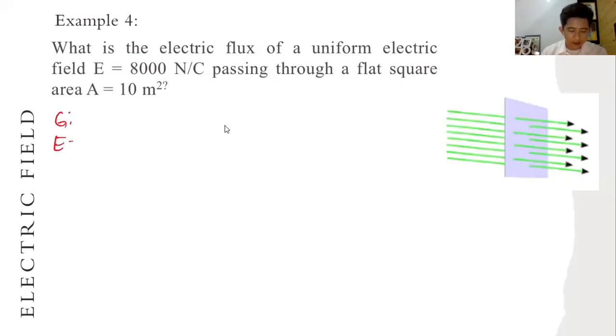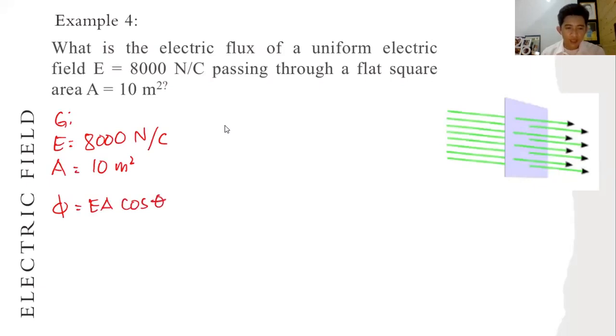electric field intensity of 8,000 newtons per coulomb in an area of 10 square meters. The equation for electric flux is E A cosine theta, and we just have to substitute the given values.